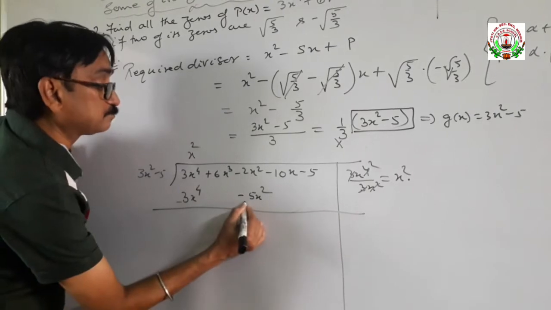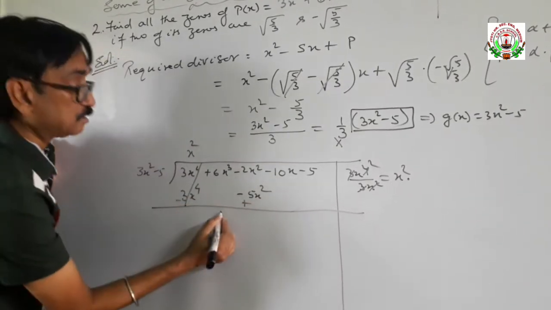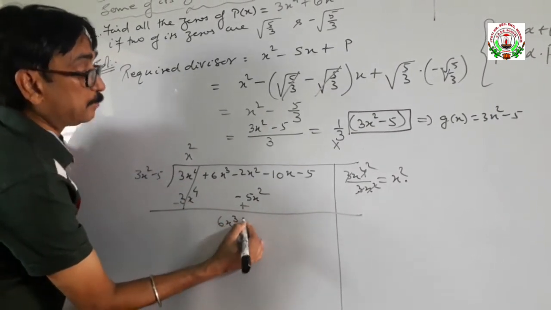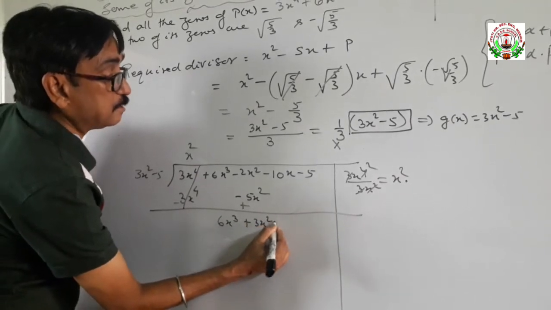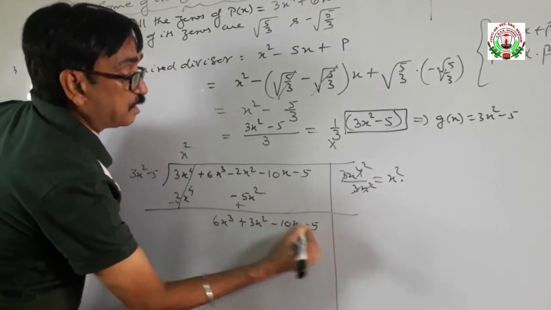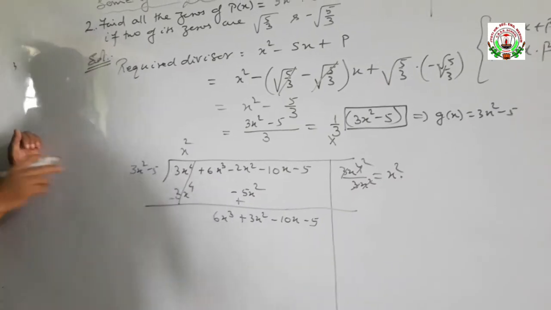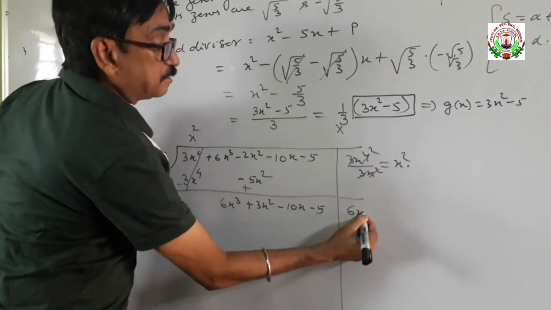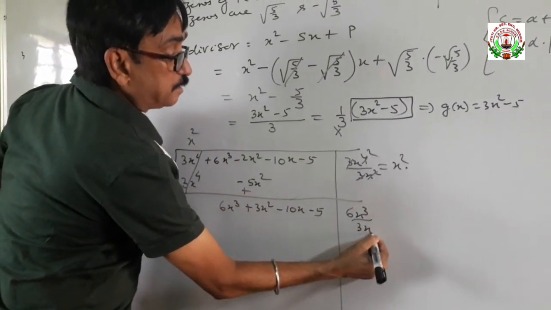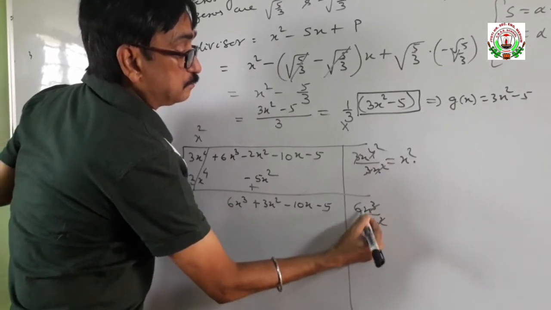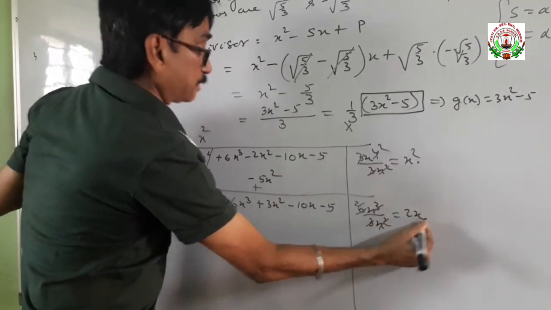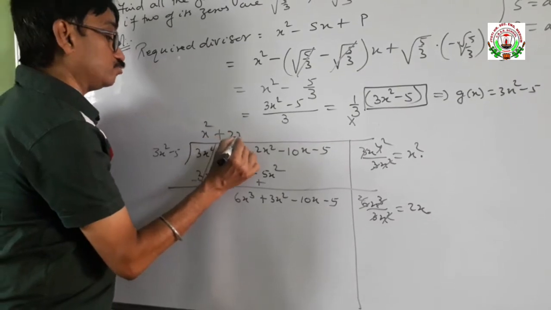Minus plus, this cancels out, leaving 6x cube plus 3x square minus 10x minus 5. Now 6x cube divided by 3x square comes 2x, so here it will be plus 2x.